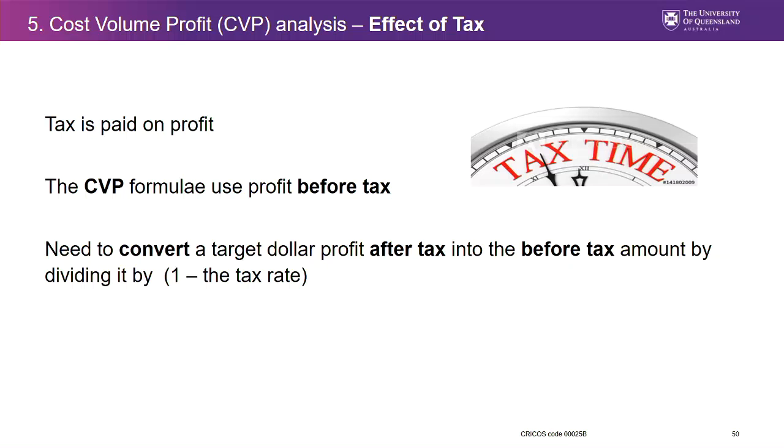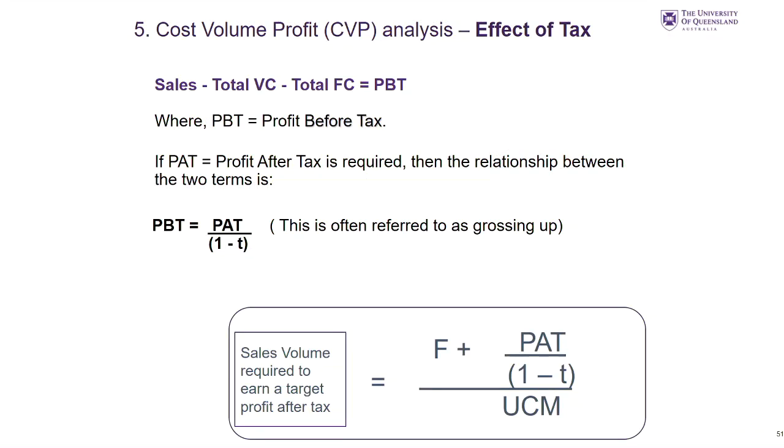So if the tax rate is 30%, you would divide your after-tax profit by 0.7, and that would give you your before-tax profit. All good? Here it just explains that profit before tax equals profit after tax divided by 1 minus the tax rate. And this is the contribution margin method of getting to your sales volume to earn that target profit.